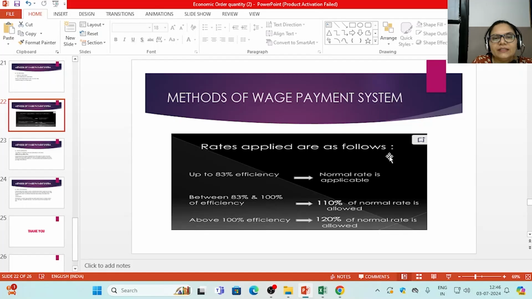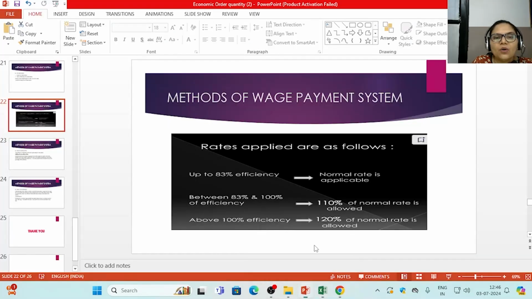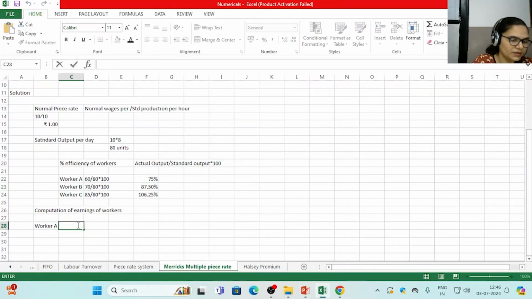You can see in the general chart we have to follow that up to 83% efficiency, the normal rate is applicable. So if it is 75%, it will fall under the category of below 83% and normal rates will be applicable.